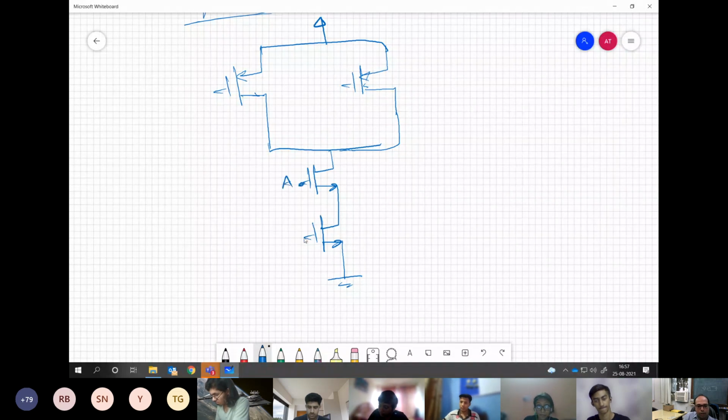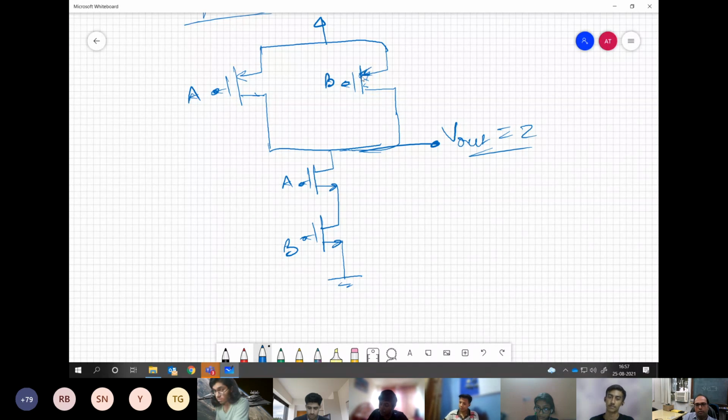So let's say this input is A, this input is B. Similarly, this input is A, this input is B. And this V out we are talking about, which is Z. So what is this gate? What we have realized? Can you answer?